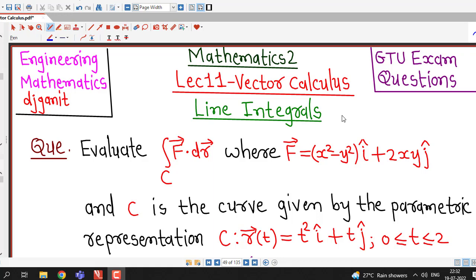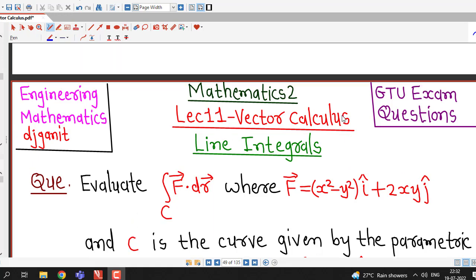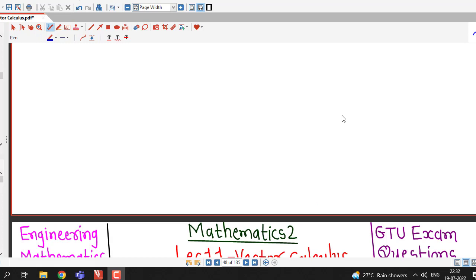In lecture number 10, we introduced line integrals, and we have seen that if we have a vector function f bar, then the line integral of f bar along curve C is denoted by integral of f bar dot dr bar along C, and is defined as follows.